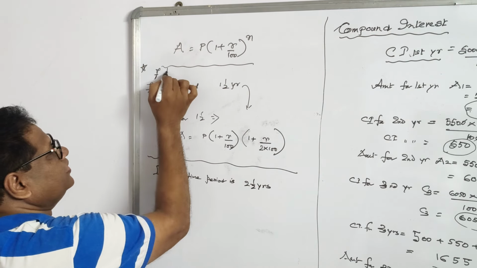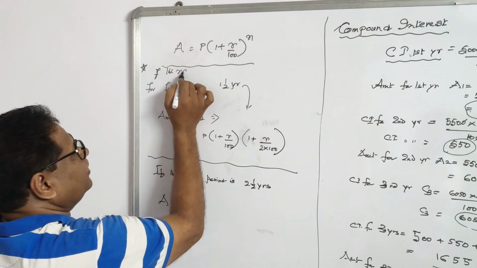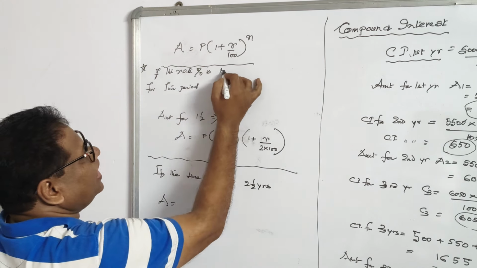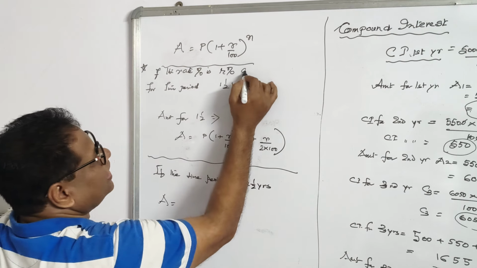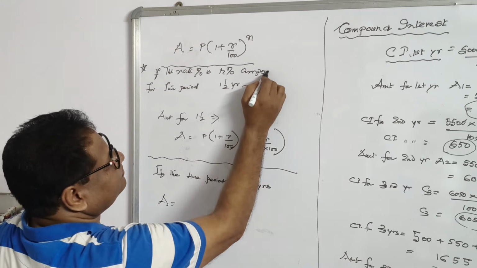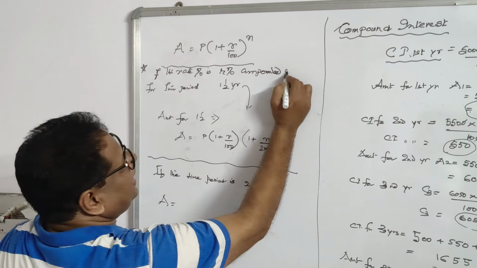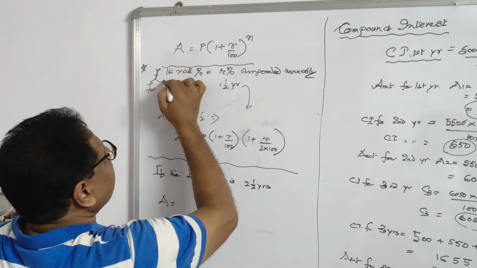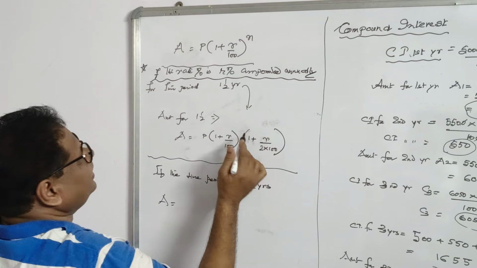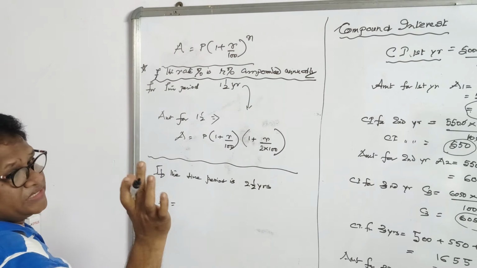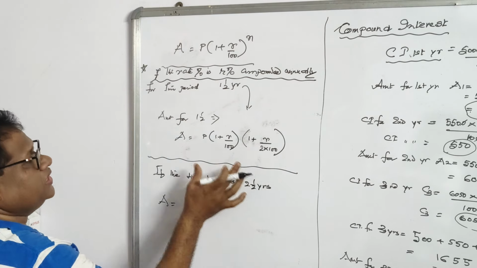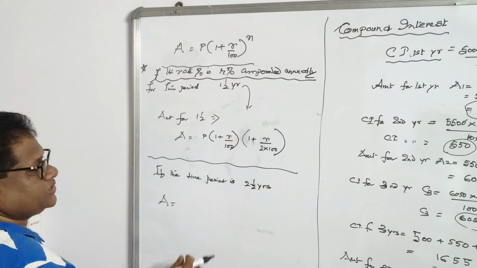If the rate percent is R% compounded annually, only for this particular condition, okay, when it is calculated for fractional years, fractional time periods, say 1.5 years, 2.5 years, then you have to break up the question like this.